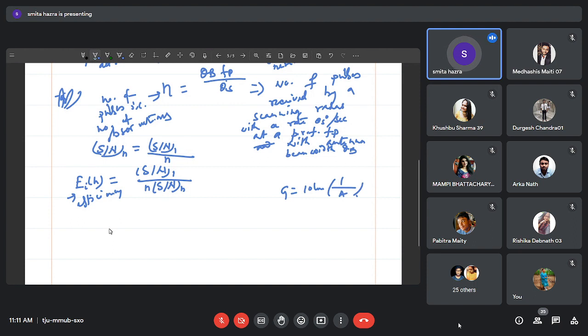So here also we can find the loss of this integrator in terms of 10 log 10 base of 1 by this EIN. Okay. So it becomes important for finding your small numericals.